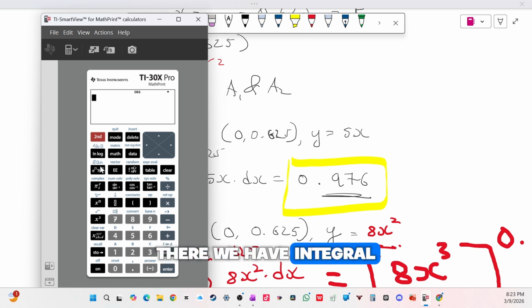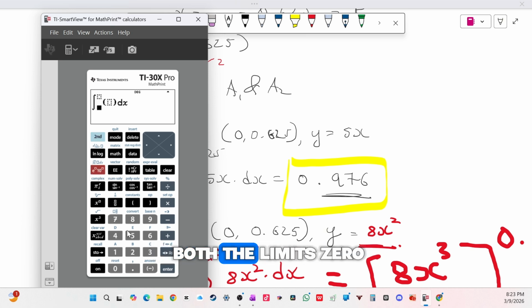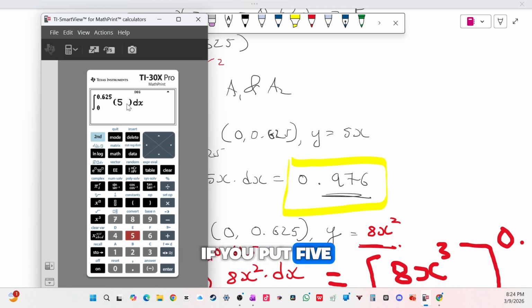There we have the integral. So second, with integral, both the limits: 0, and on the top you can either write 5 by 8 or 0.625, and then what we want, 5x. Understand, if you put 5x here, outside it is waiting as dx.